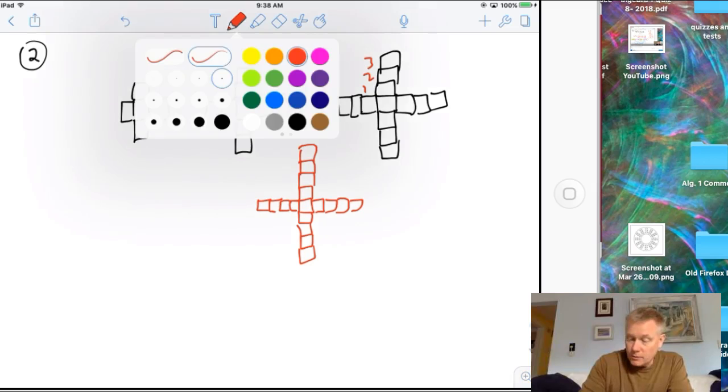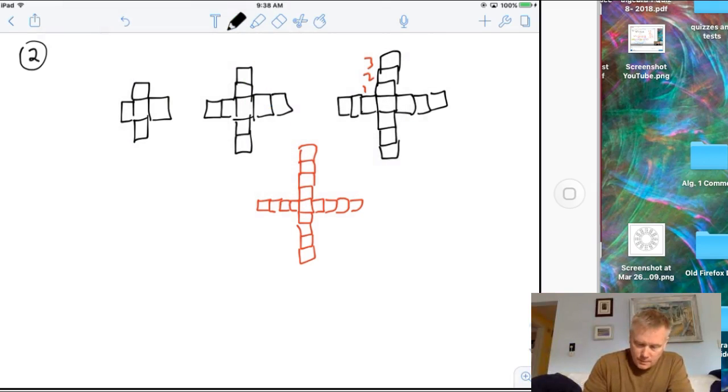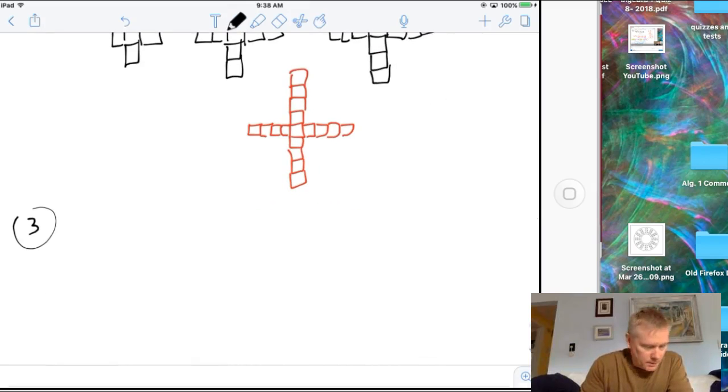All right, next, number 3. This one's a little bit more complicated. I kind of like this one better. 1, 2, 3.